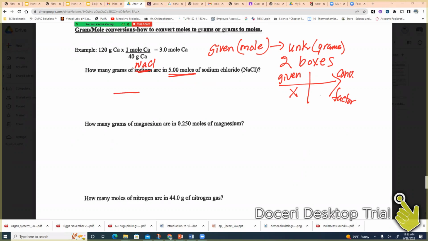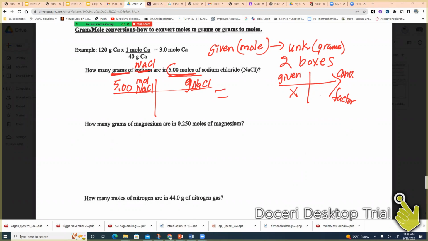All right, so let's start our little process. I always start with what I'm given, which is 5 moles of sodium chloride. And I want to convert it to grams of sodium chloride. That always needs to go in the last box, top, closest to your equals, because if you do it correctly, that'll be the last unit you have left.